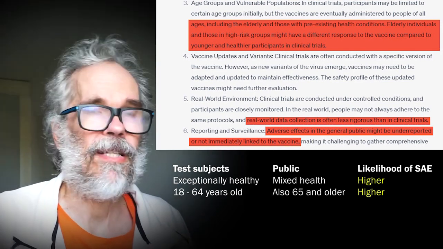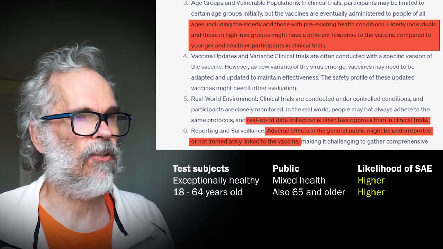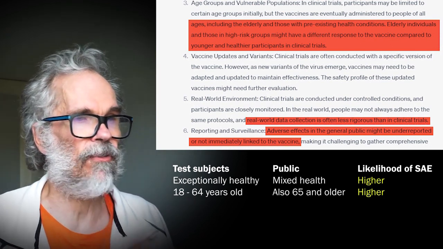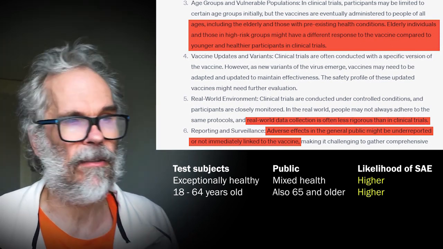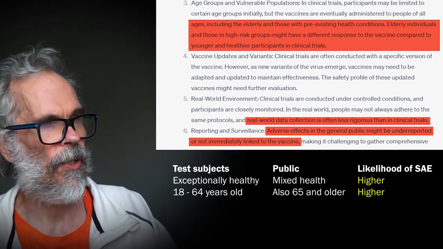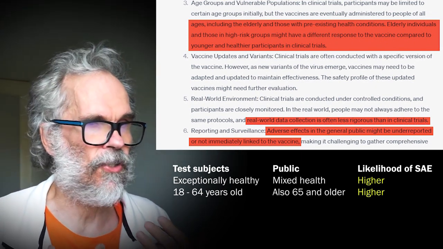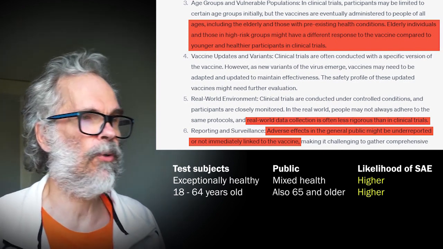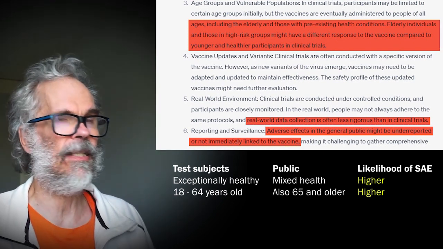In point 5 it says that real-world data collection is often less rigorous than in clinical trials. And the 6th point, adverse effects in the general public might be underreported or not immediately linked to the vaccine.